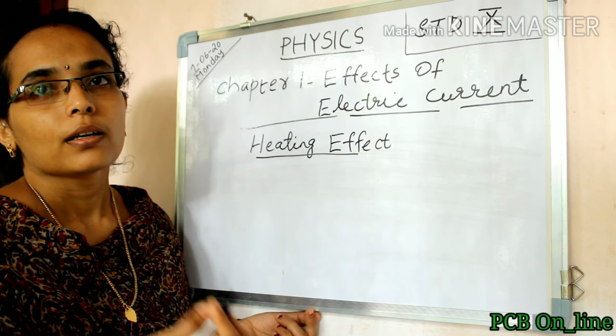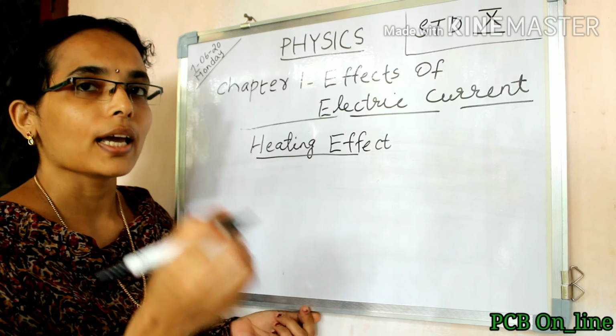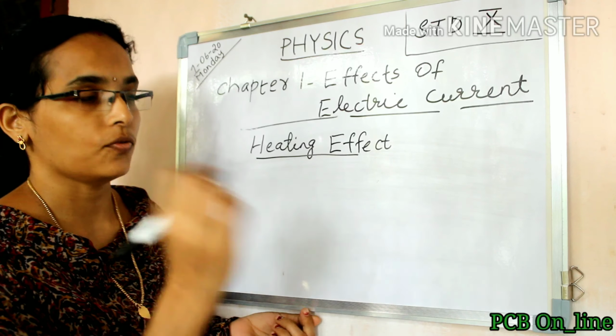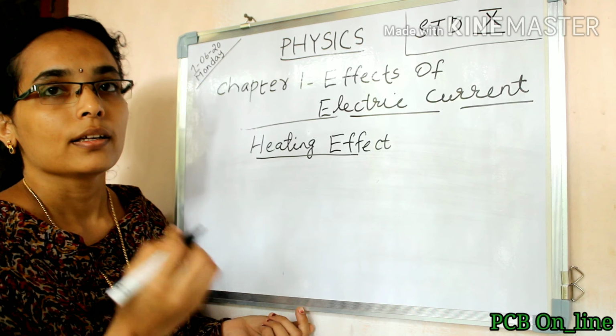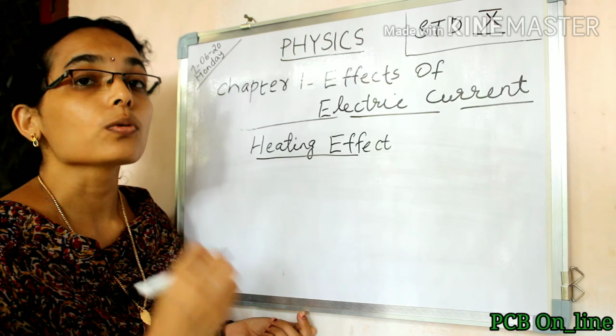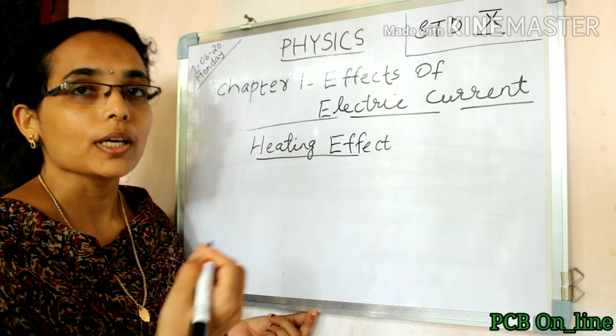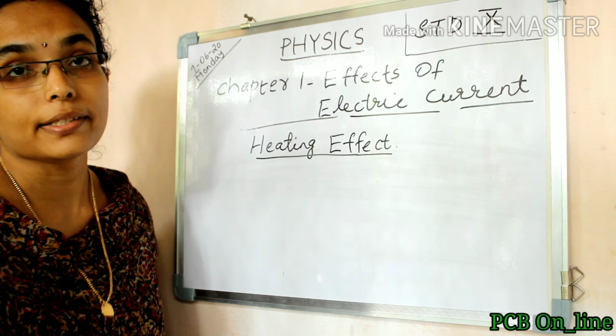Depending on this useful form of energy, we give its name as heating effect or lighting effect or mechanical effect, etc. That is, the effect of electric current is that useful form of energy which we get from that device. Now we discuss more about this heating effect.